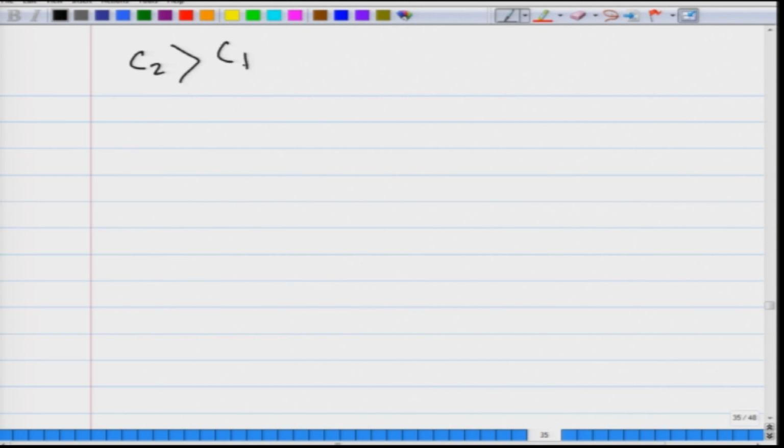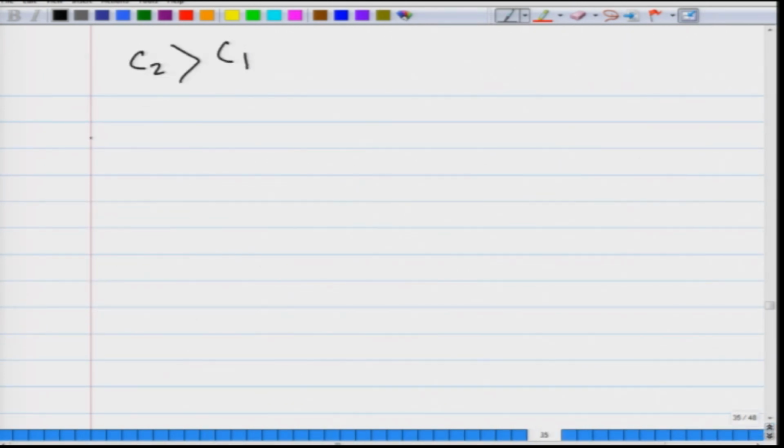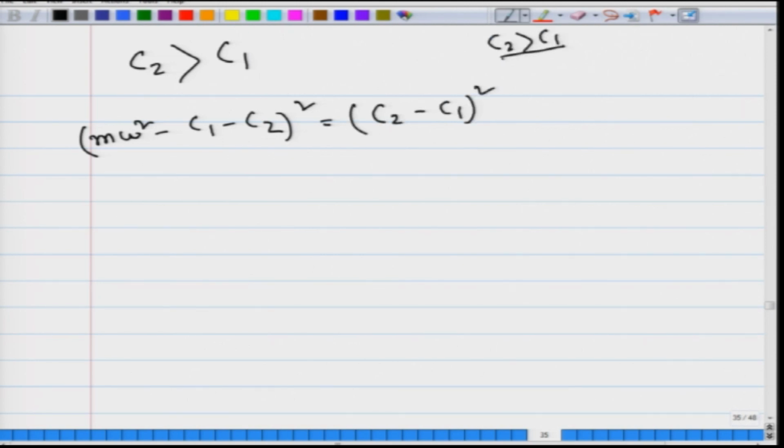So, from this equation I can write it as m omega square minus C1 minus C2 whole square equals to C2 minus C1 whole square, because C2 is greater than C1, I am writing like this, since C2 greater than C1.